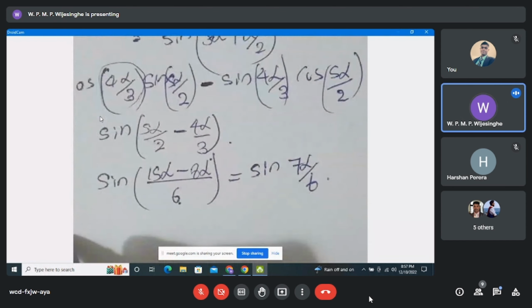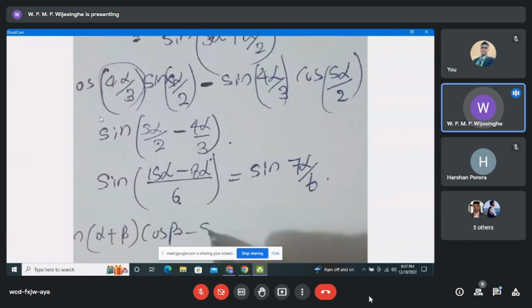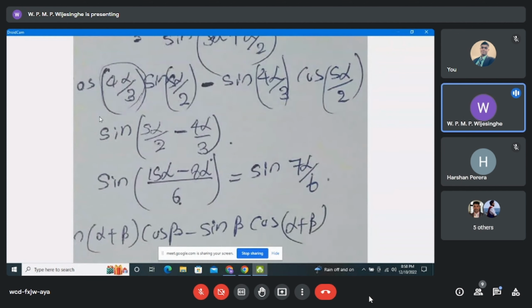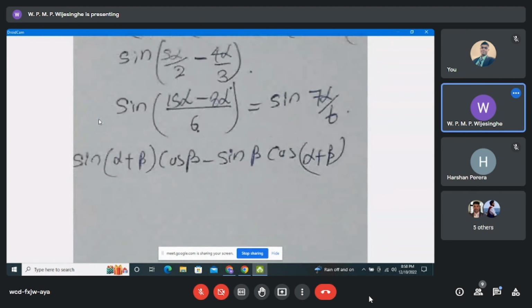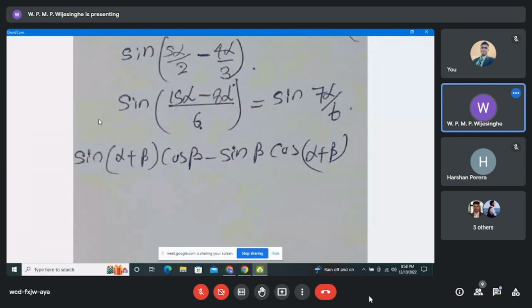Next, you have given sin alpha plus beta cos beta minus sin beta cos alpha plus beta. Then write this using a single sine angle.